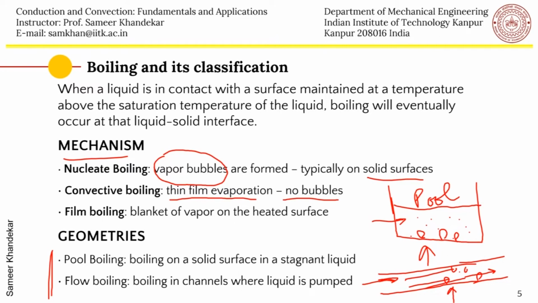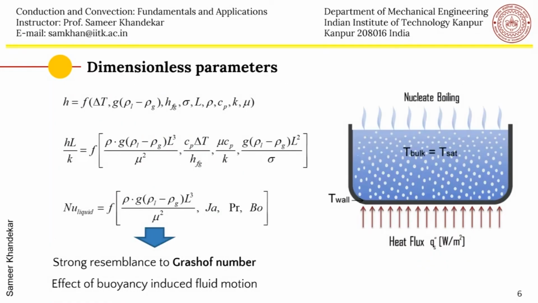So from a fundamental point of view, the heat transfer during boiling: we are interested to find out what the heat transfer coefficient is at the heated surface when such boiling is taking place. As I said, we'll focus on nucleate boiling. So what are the characteristics? First of all, the wall temperature is slightly higher than the bulk temperature. The bulk temperature corresponds to the saturation temperature in most normal cases.